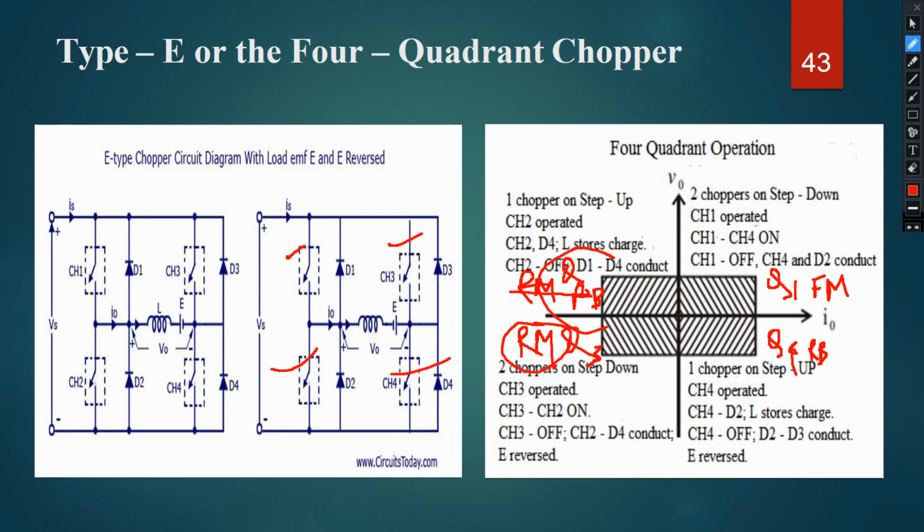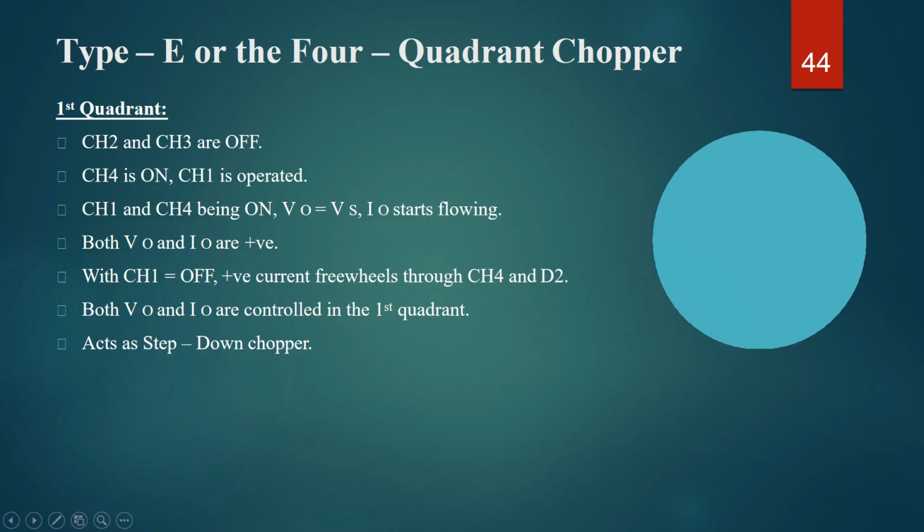If Q2 is forward braking, Q4 is becoming reverse braking. So it is a diagonal fashion. Here all the four quadrants of operation are possible. These are the different combinations that are possible.